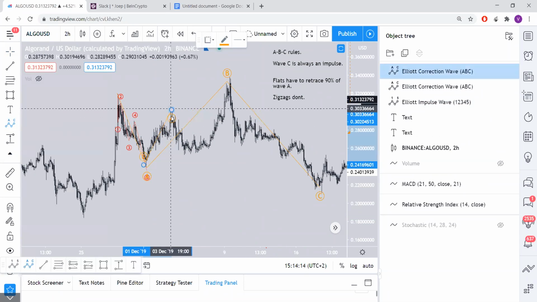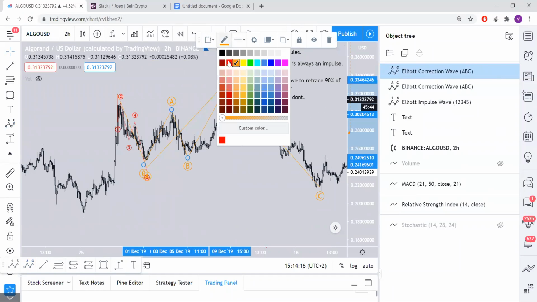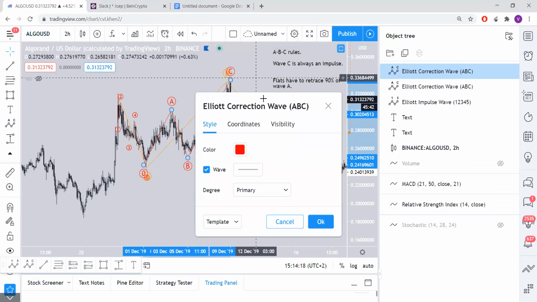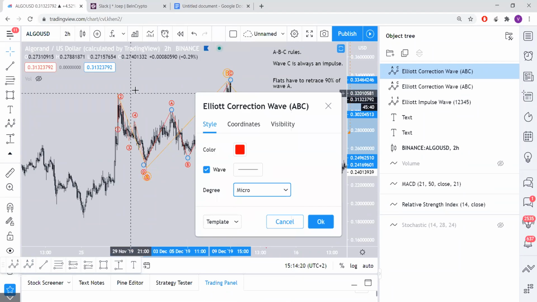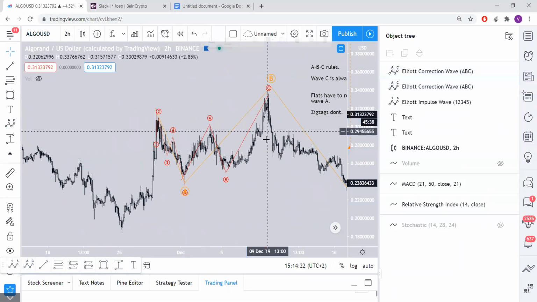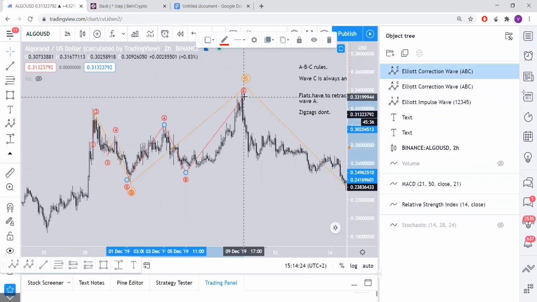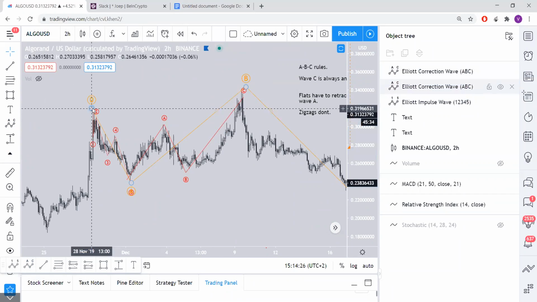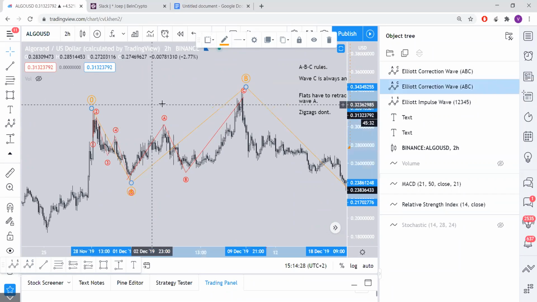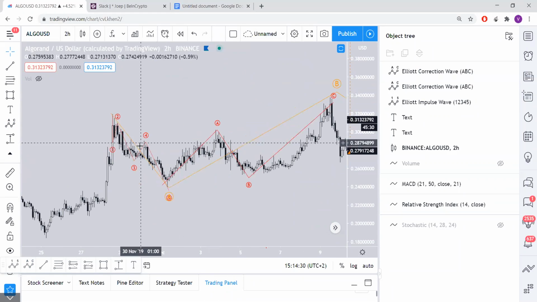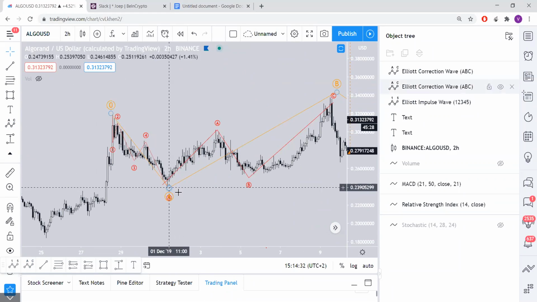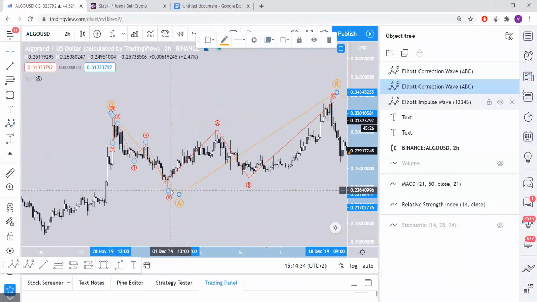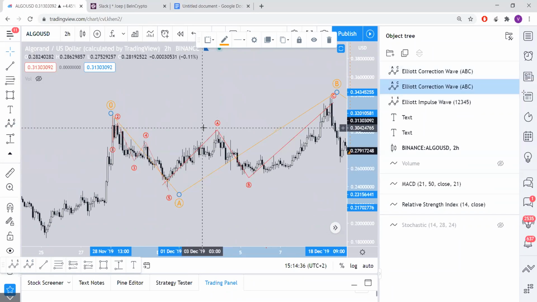So this would be the smaller ABC, which completes the B wave. Now, this cannot be correct because the top of the B wave is much higher than the beginning of the A wave. And if this is a zigzag, meaning that wave A is comprised of 5 subwaves, this cannot happen. It would have to end somewhere here.